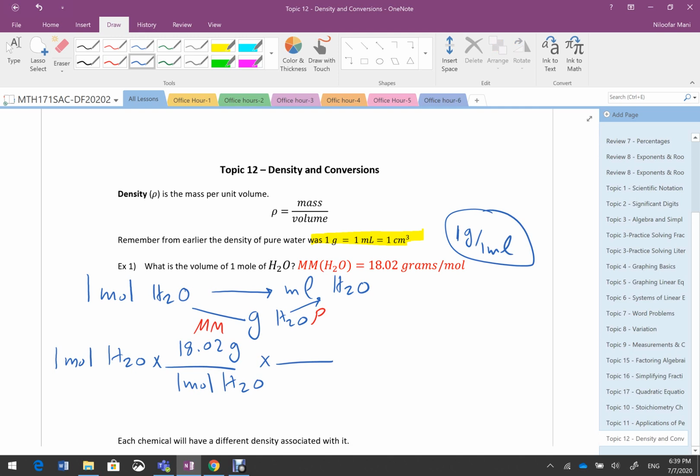Then it is gram of pure water, and then multiply, and now I want to go to milliliters. So 1 gram of pure water is the same as 1 milliliter of water.